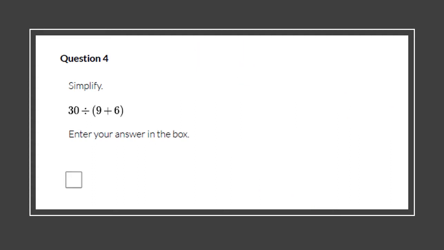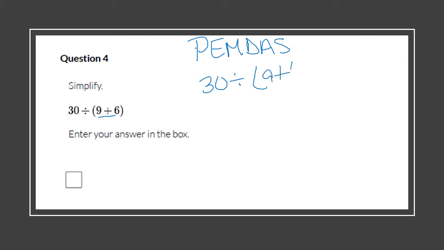Okay, now we've got 30 divided by 9 plus 6. So I've got PEMDAS up there. I do whatever's in the parentheses first. So if it makes you feel better, or if it makes it easier for you, do whatever's in the parentheses off to the side.